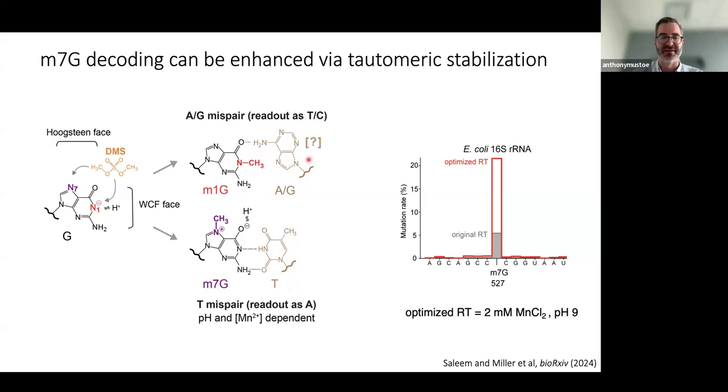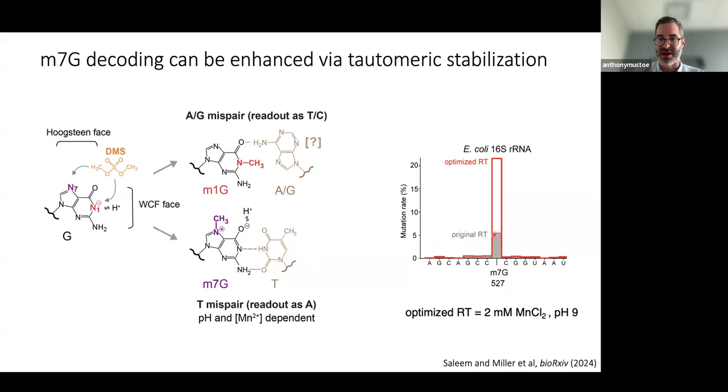So this is speculative, but based off of this insight, we could optimize the reverse transcription conditions, basically increasing the pH as well as finding the right manganese concentration that will promote this type of mispairing within active sites. And so that takes us now to basically a five-fold enhancement of our ability to read out these N7 modifications.